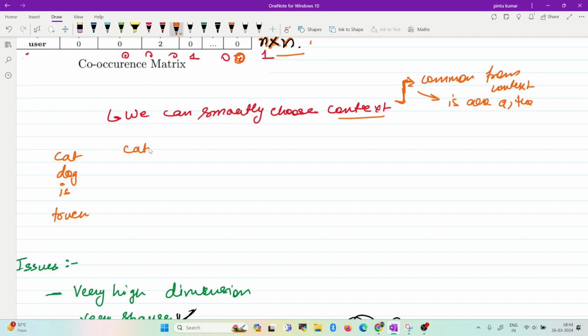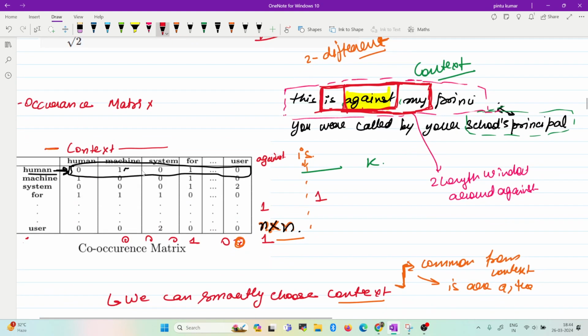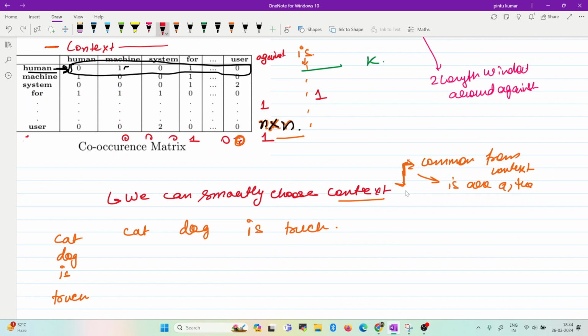Similarly, here also we have cat, dog, is, and truck. Let's say we take the window to be k equal to 3. Then there is a very small probability that cat and cat will occur together in a window of 3. So let's take this as 0.